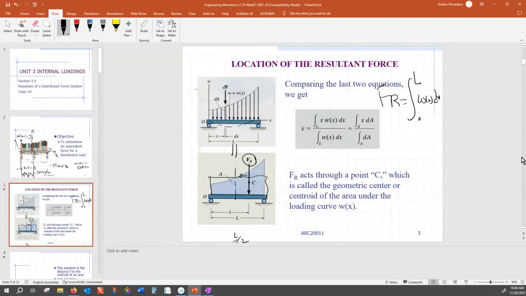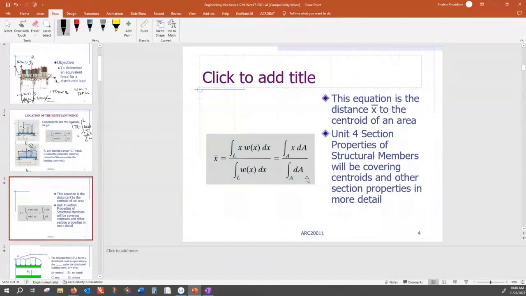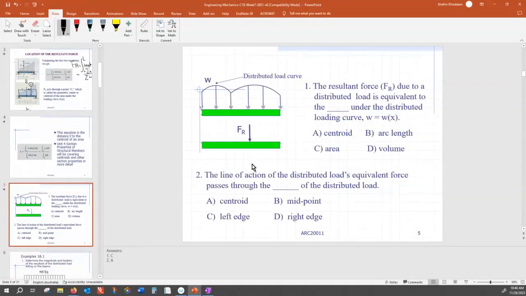If there are multiple loads, I can break that into a summation, something like the summation of x W of x, divided by the summation of W of x. I'll give you some examples soon, but for now that is just a summary from a prior case, and that explains why this is the center of the area.